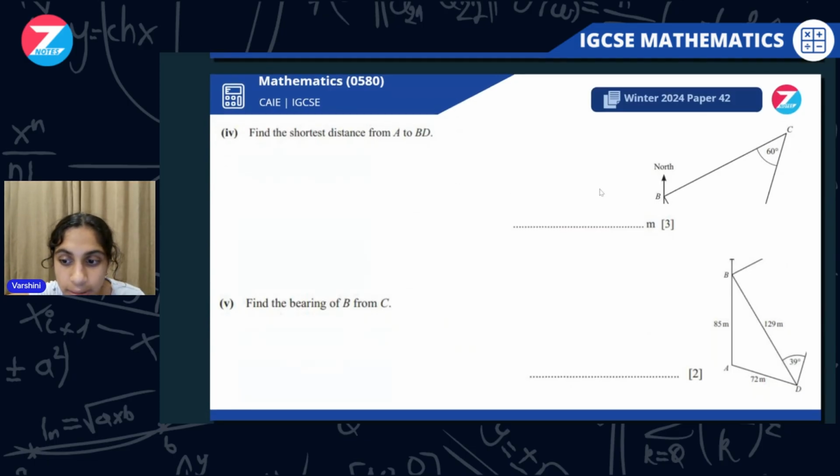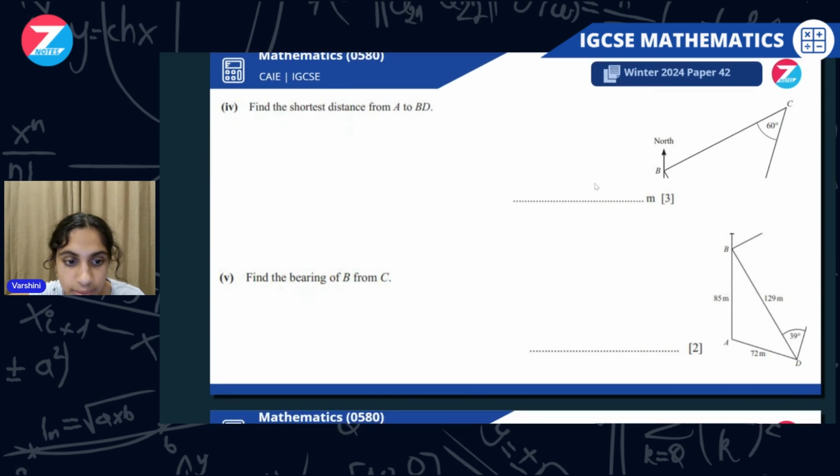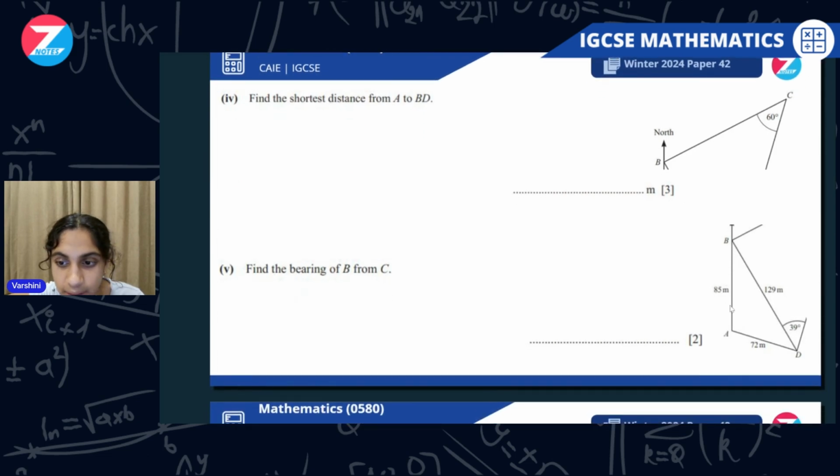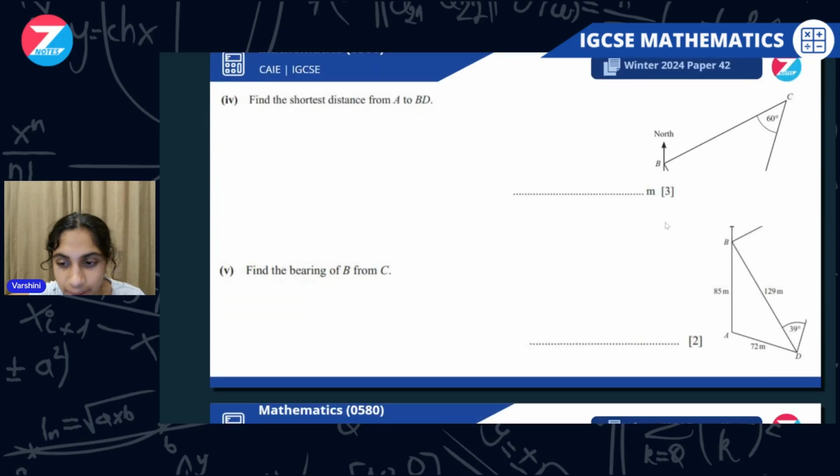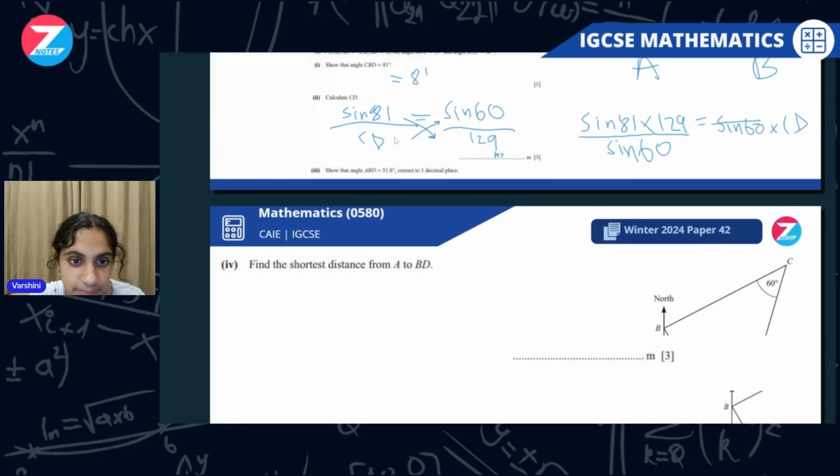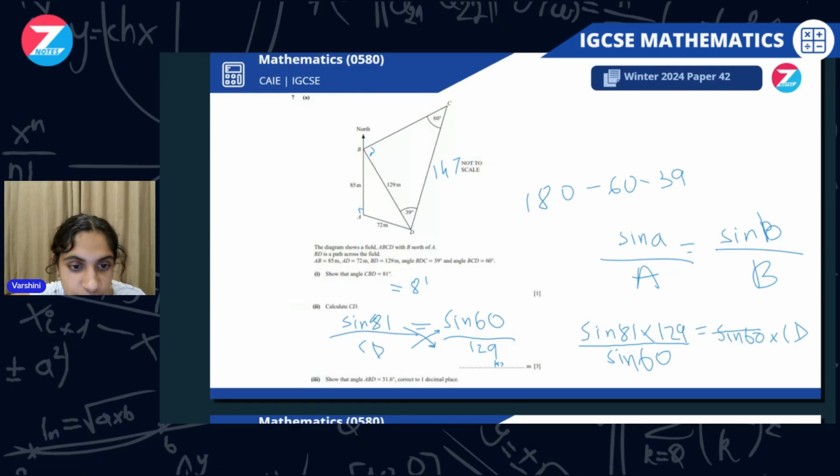Okay, moving down. Find the shortest distance from A to BD. From A to BD. So we want the distance from here to BD. And we know that the shortest distance over here is going to be a straight line from A to BD. And it's also going to be perpendicular to BD.